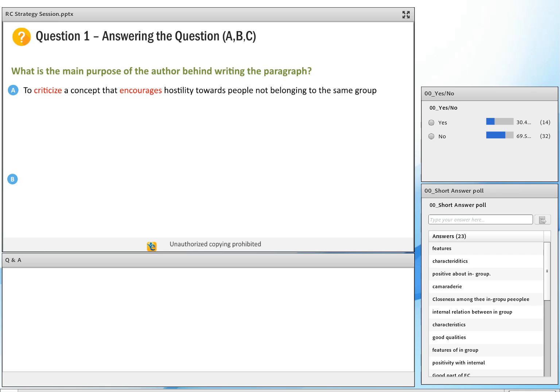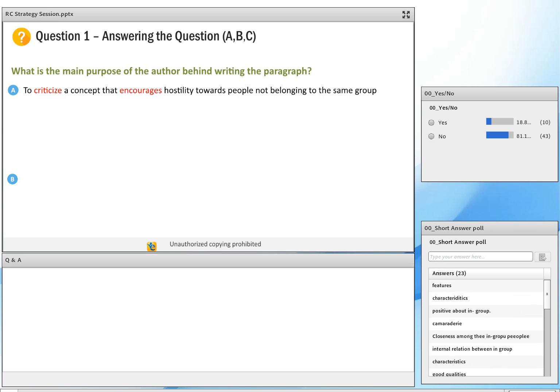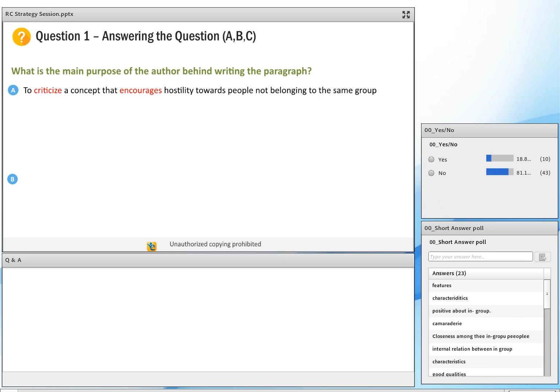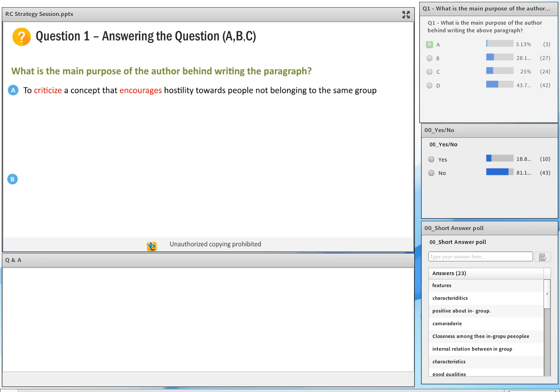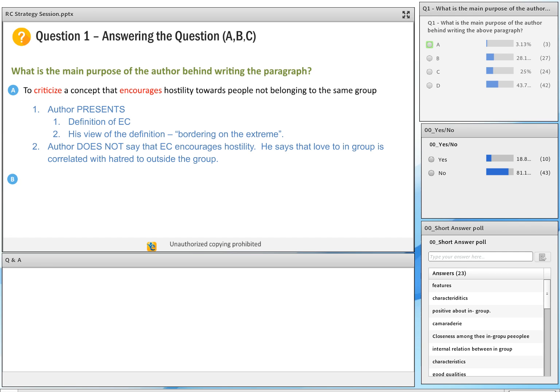So if you are thinking about the possible answer to the question on your own, then as you come to the answer choices, you will know, right off the bat, this doesn't make sense at all. Right? So here choice A, not many of you selected, only 3 of you. So I hope you can understand where you faltered. There is no criticism at all. He's just presenting an exaggerated definition. That's about it. Okay.